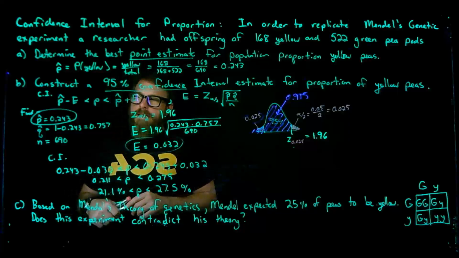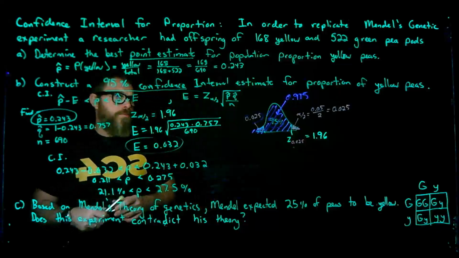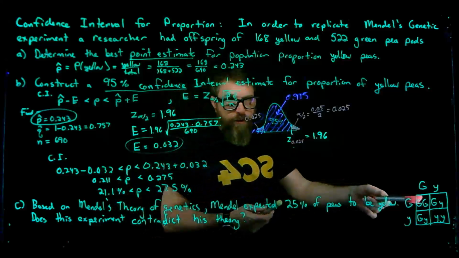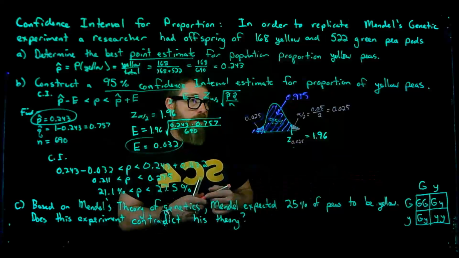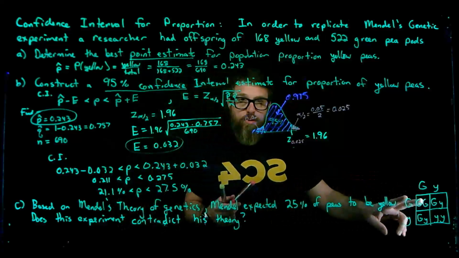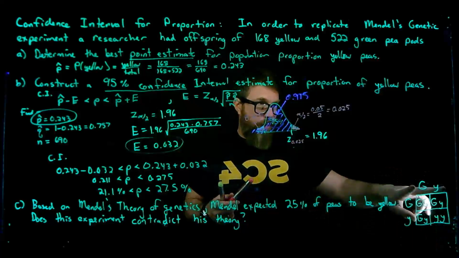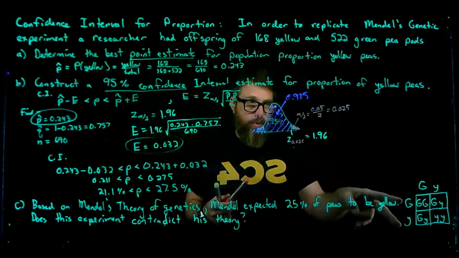So it says, based on Mendel's theory of genetics, Mendel expected 25% of peas to be yellow. And I drew a Punnett square over here to reinforce what we learned probably in high school. What I have is if I cross two pea pods, these would both be green pea pods because one pea pod has dominant green, recessive yellow, and this other has dominant green, recessive yellow.